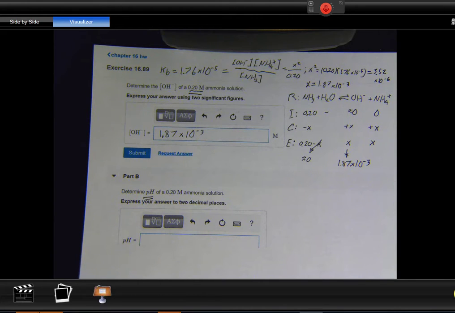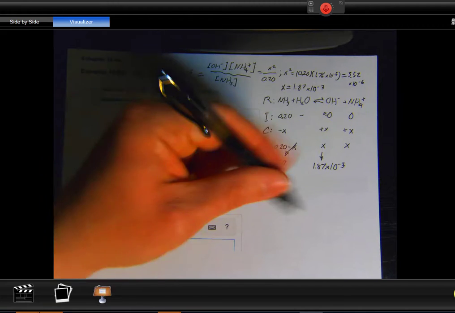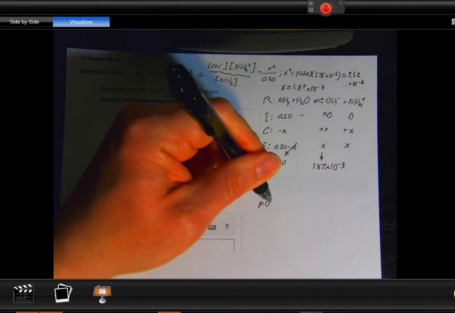We have an extra step here, in this case, because we are starting with hydroxide instead of hydronium. So what we're going to do is start by finding the pOH.